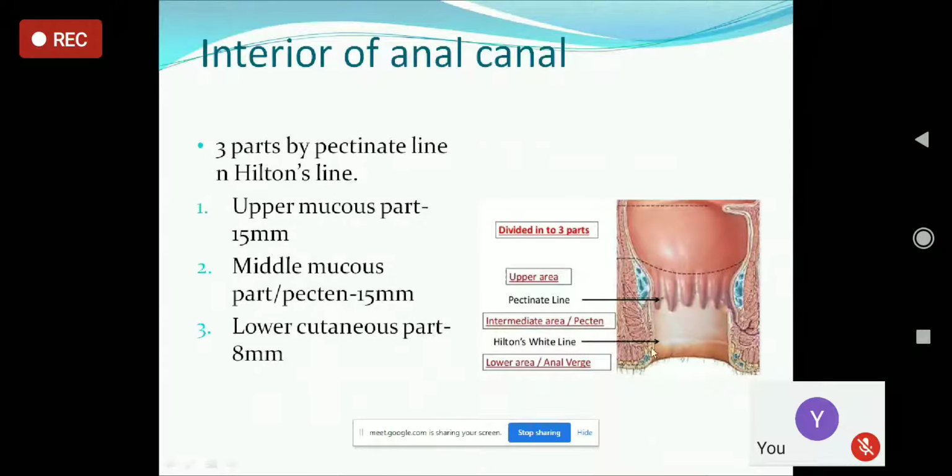These two lines divide the interior of the anal canal into three parts: the upper mucous part, the middle part, the pecten part, 15 mm, and the lower cutaneous part. First, you have to remember the pectinate line and the Hilton's line.